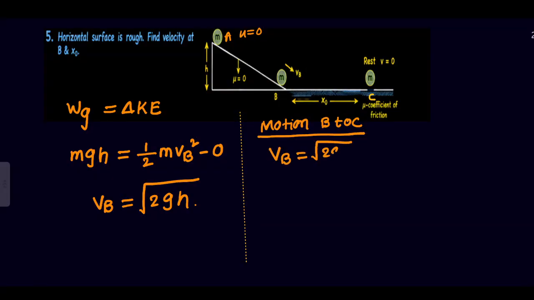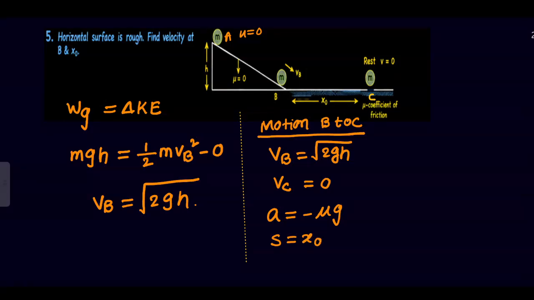Square root of 2gh. And final velocity means Vc, velocity 0. And how much is the acceleration? Friction is there. For the acceleration, remember that it is minus mu g, acceleration on a horizontal surface. Friction we have discussed. And then we need to find the displacement, which they are calling x naught.